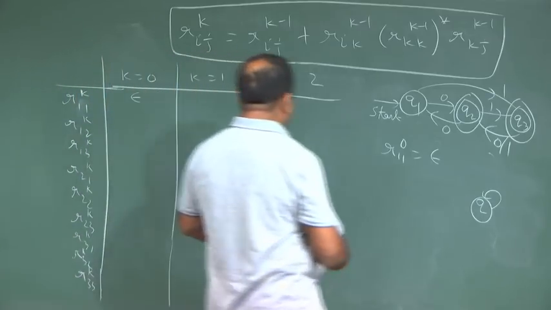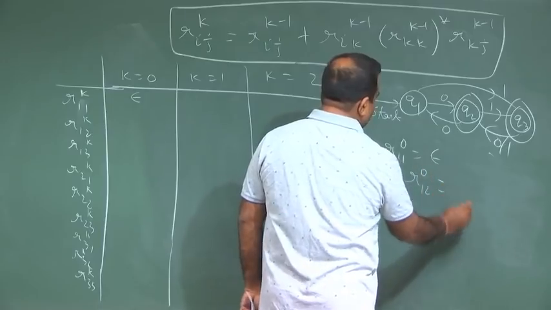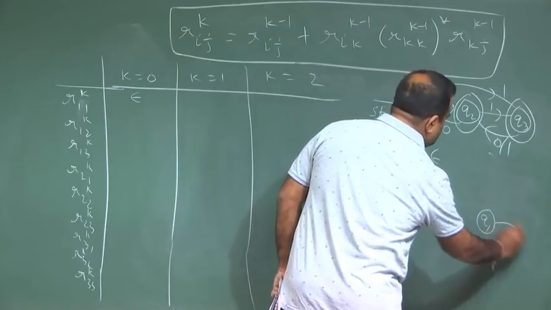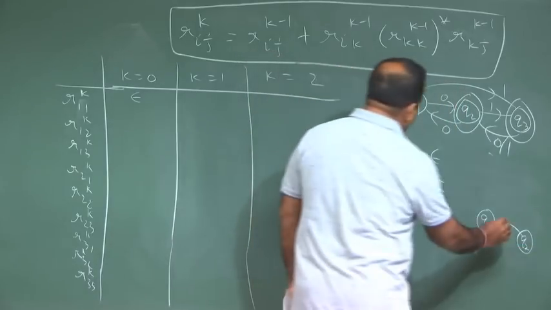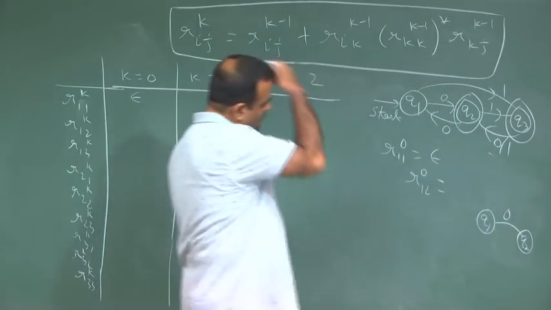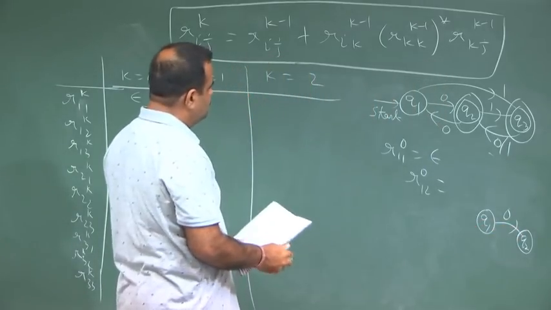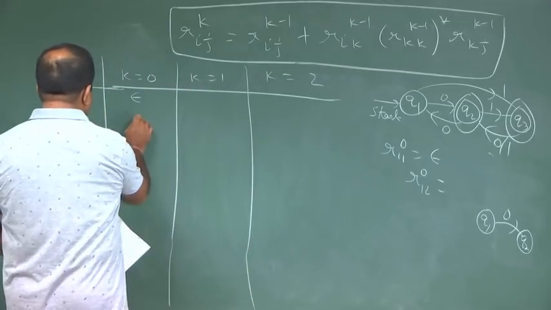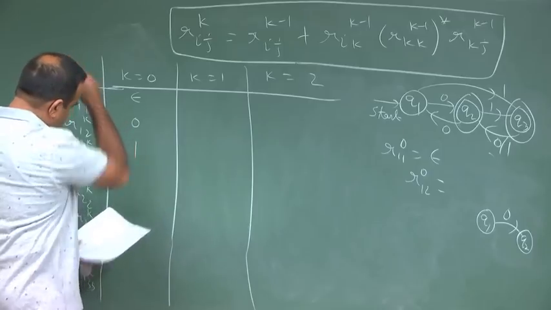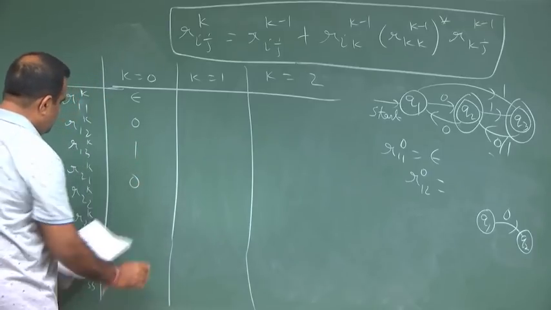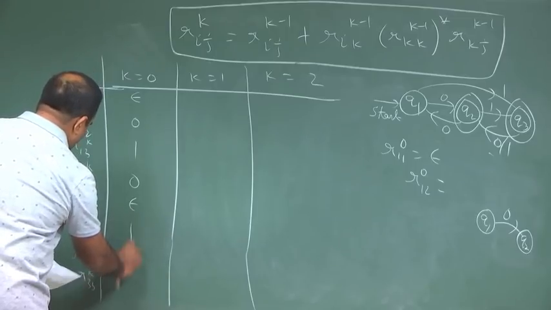Now R 1 2 0. From Q 1 to Q 2, is there any move? Yes, we have a 0 arc. So this is 0. Similarly, this is 1, this is 0, this is epsilon, this is 1.